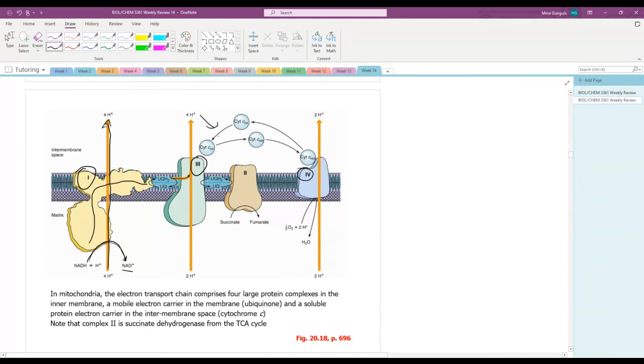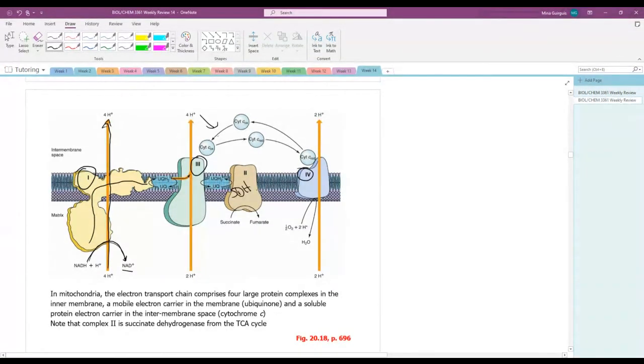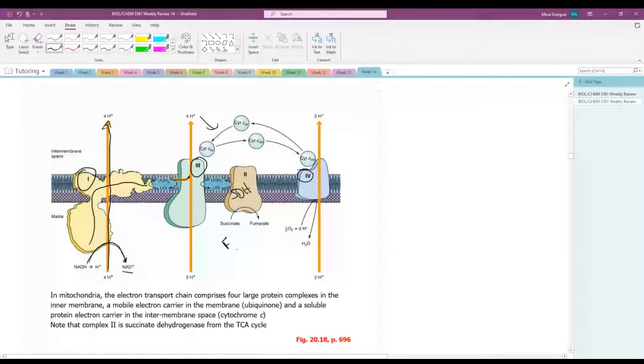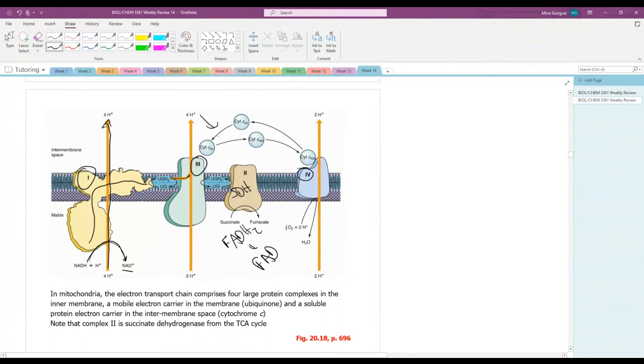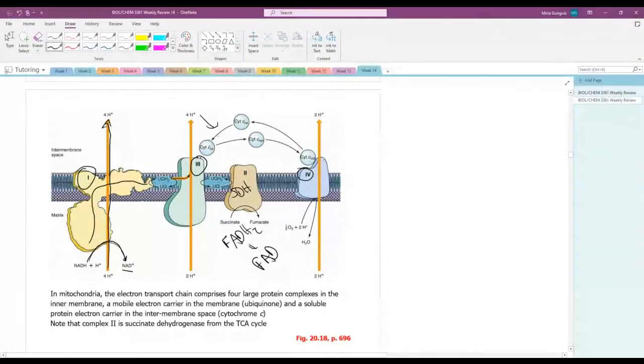So complex 2 is succinate dehydrogenase. We learned about this in the TCA cycle. We're going to learn a bit more about the mechanism, but it's really important to note that this converts FADH2 into FAD. And in doing so, it transports the electrons once again using that ubiquinol mechanism into complex 3. Complex 3 then sends them to complex 4 with the cytochrome C.